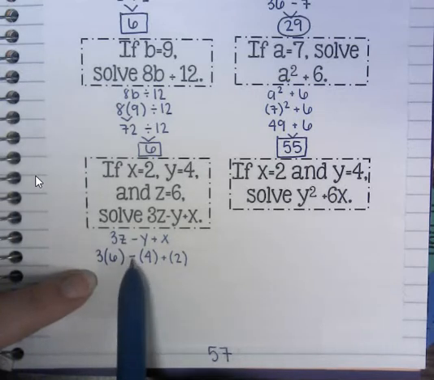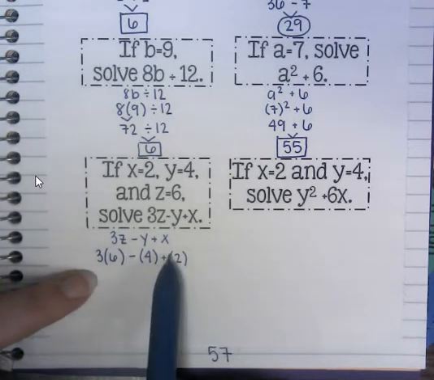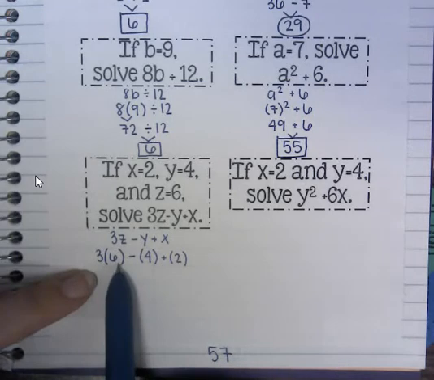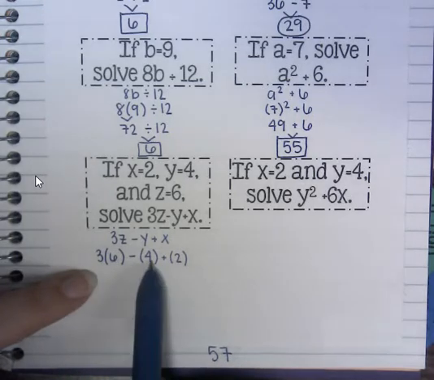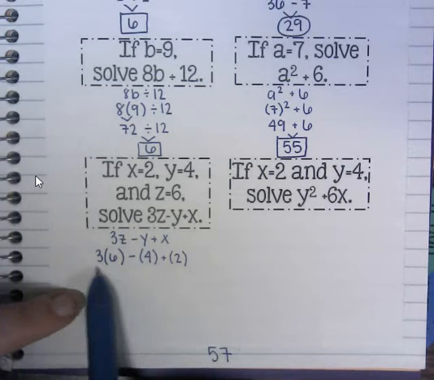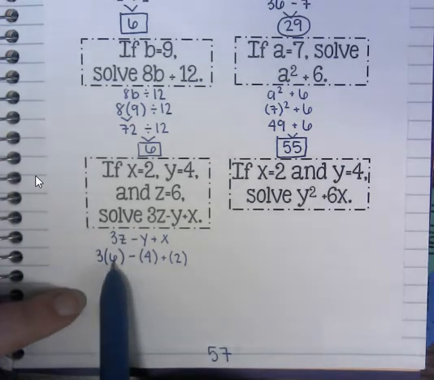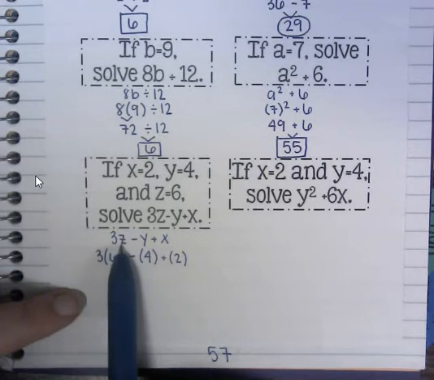So I know that these parentheses are not needed. They have an operation sign between the next number and itself. But this one, this 3 and 6, they don't have any operation. So that parenthesis is telling us we need to multiply. Just like up here, we knew a letter and a number were side by side, so that means to multiply.